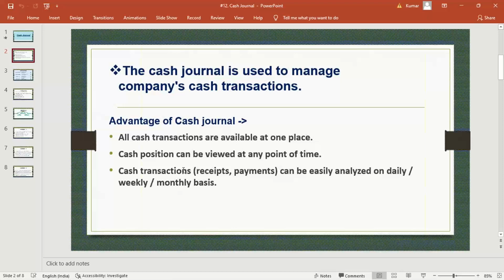And all the transactions can be analyzed daily. Today, what are the cash expenses or cash revenue? Weekly, in this week, what is the total cash expense, cash revenue? In a month, you can easily see the reports, right?